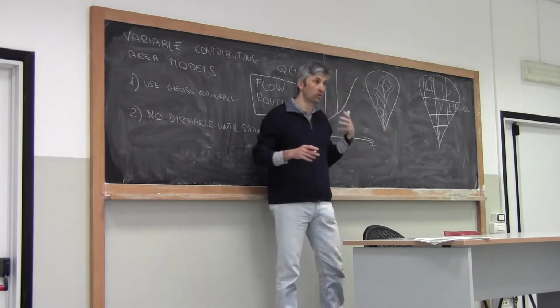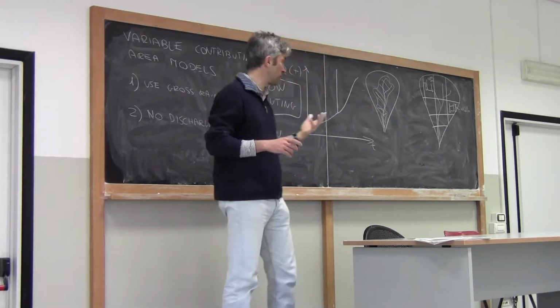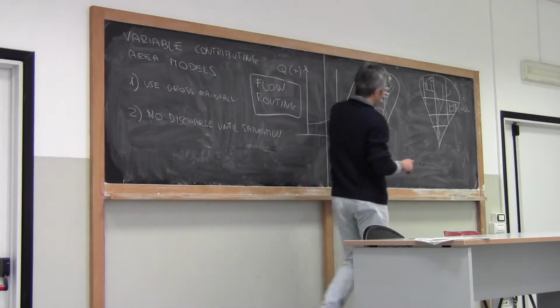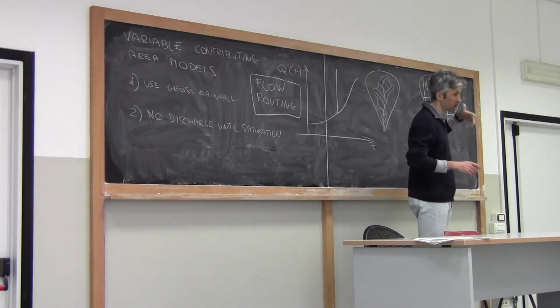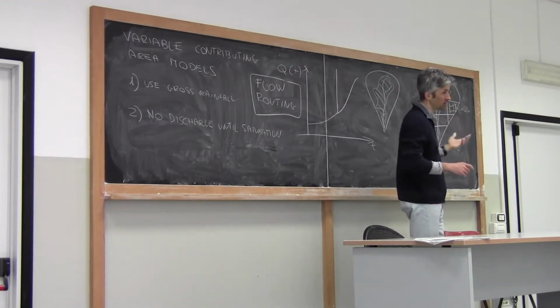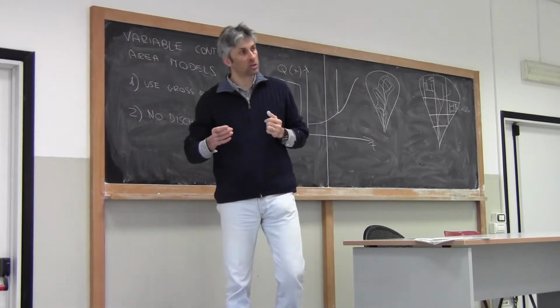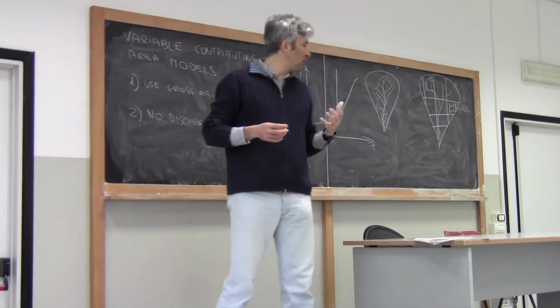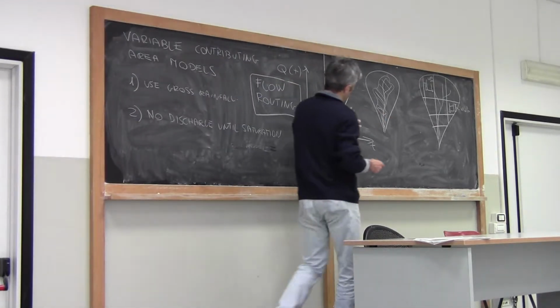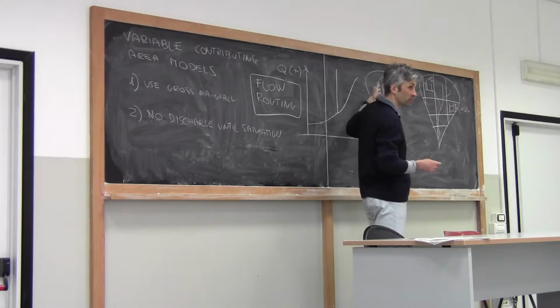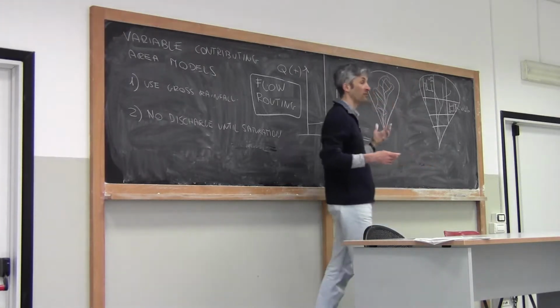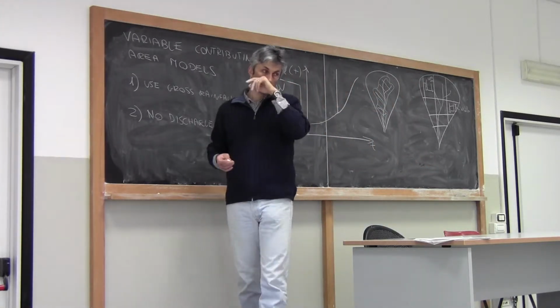Of course, it's useful information to know where it is located, because if I want to transfer the contribution to the outlet, it's useful, but I don't strictly need it. I need the amount of the area, but not really the position. So a description of the amount of the saturated area without knowing the position would be enough for me.